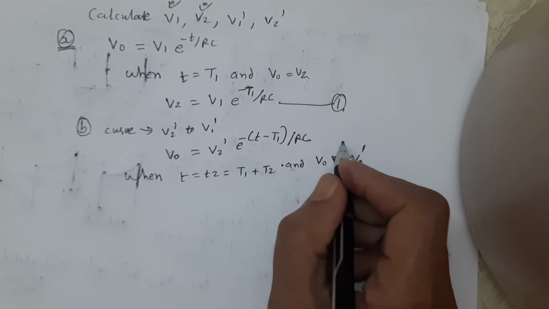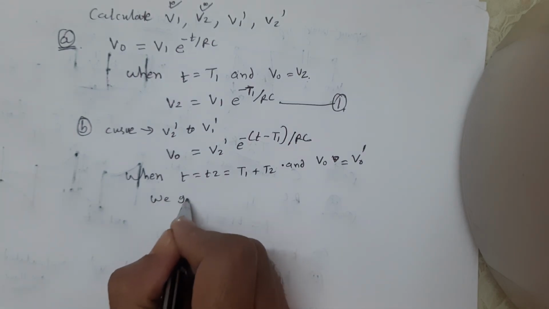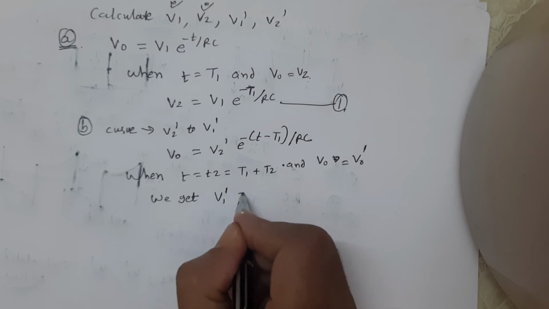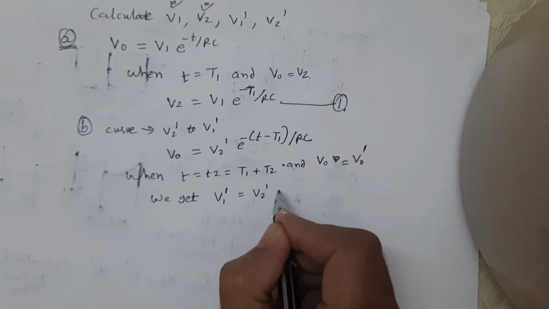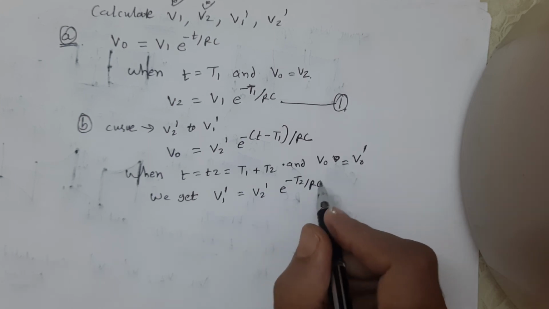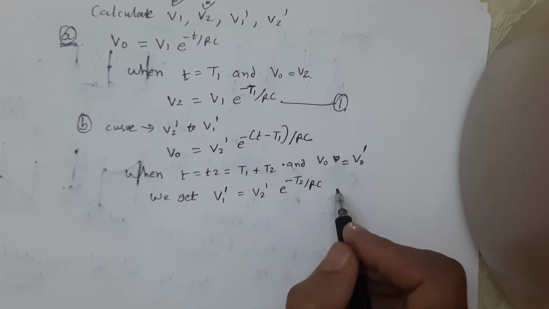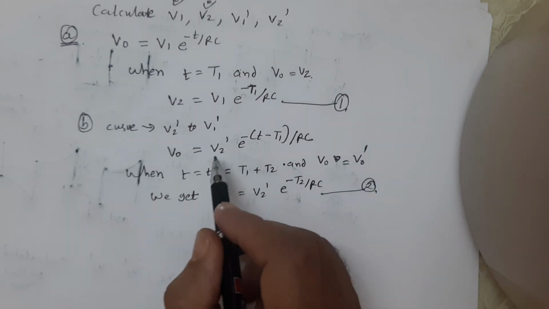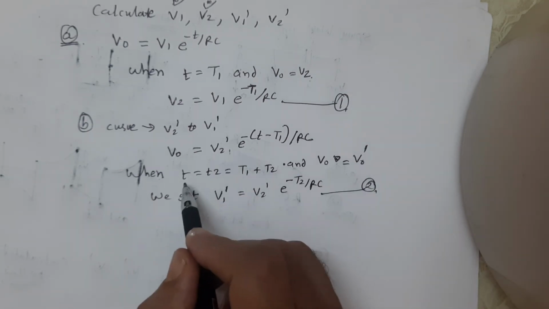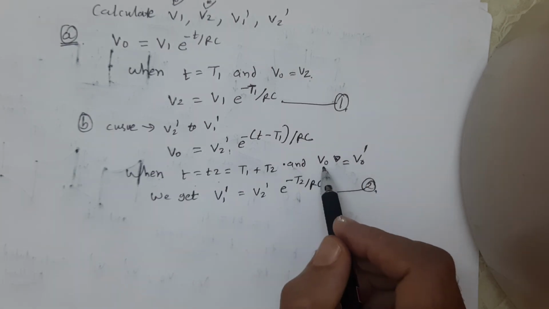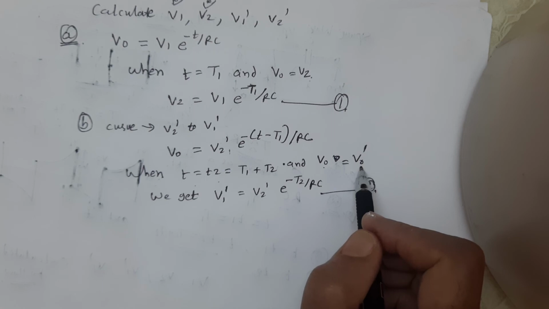At this condition, we get V1 dash is equal to V2 dash e raised to minus T2 upon RC. This is our second equation. We find V1 dash. That means in this equation we put the value of t as T1 plus T2, and instead of V0 we put V0 dash.